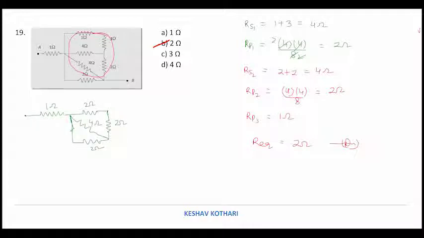Then after one more reduction, these 2 and 2 are in series, that is 4, and 4 and 4 are in parallel, that is 2 ohm. So we are left with this circuit, and then we do the last part where 2 and 2 are in parallel with each other, that is 1 ohm, and 1 and 1 are added together to give you 2 ohm. So let us move to the next problem.